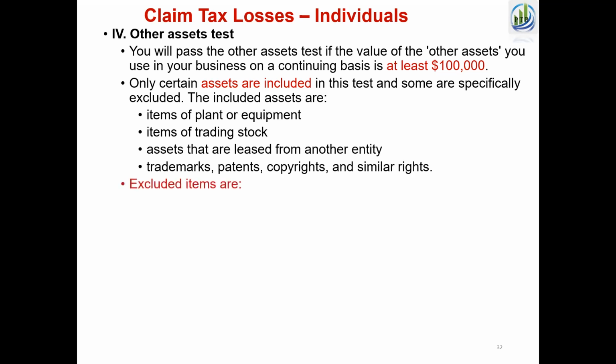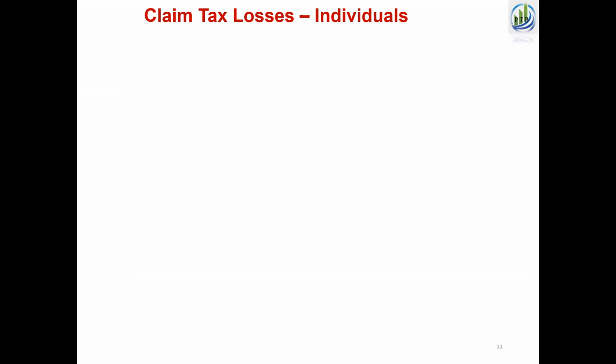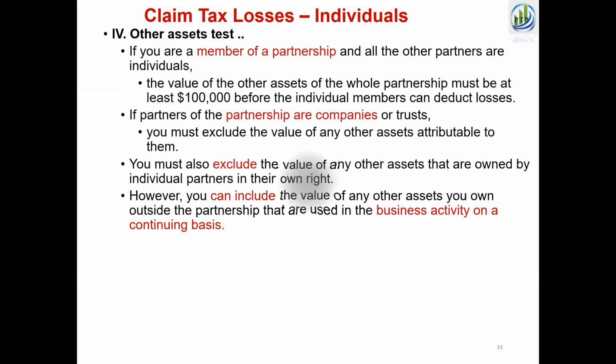So that's also your assets. We exclude all the real property, land and building, not really under this category, and cars, motorcycles and similar vehicles are not included for the other assets test. Now we will go back. That's right.